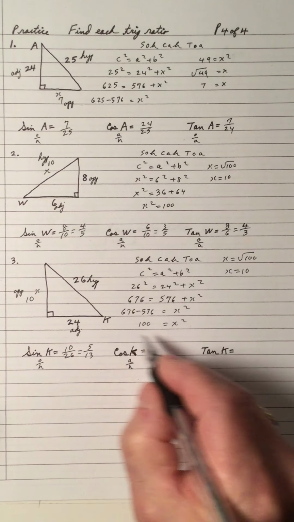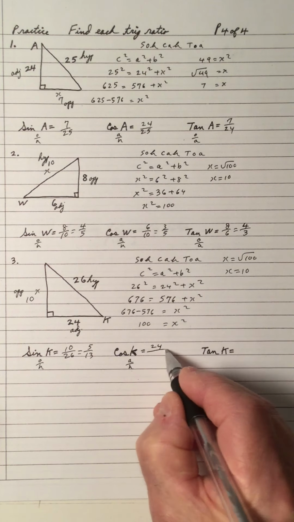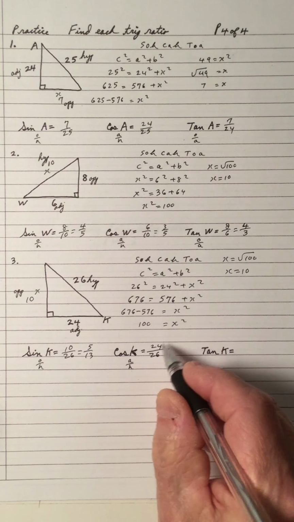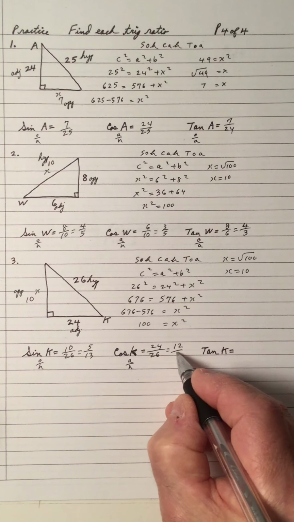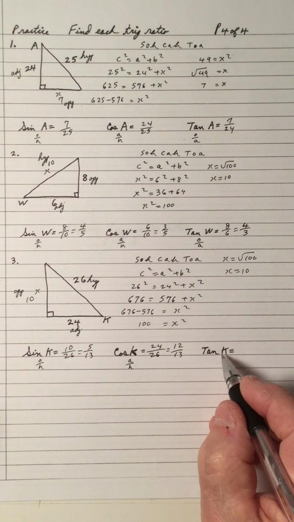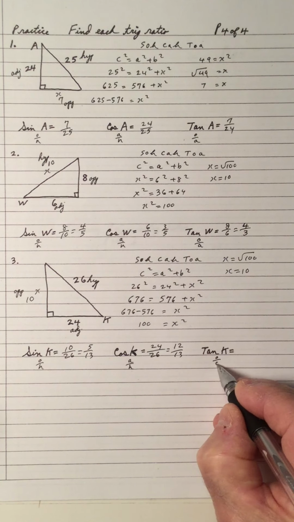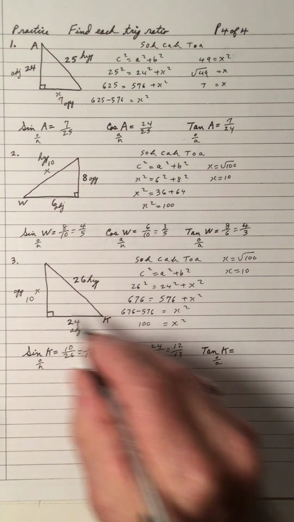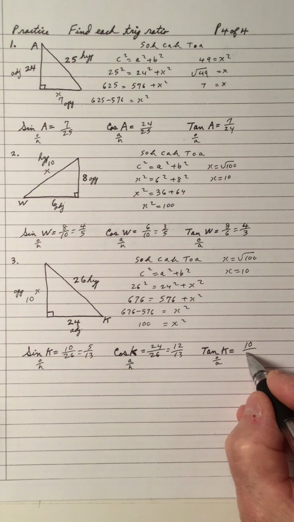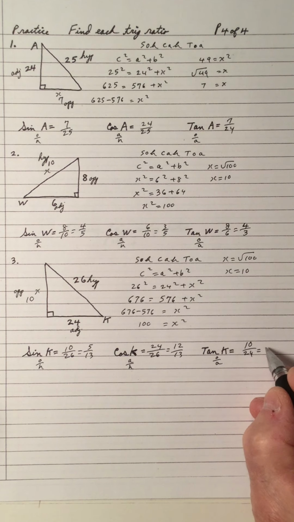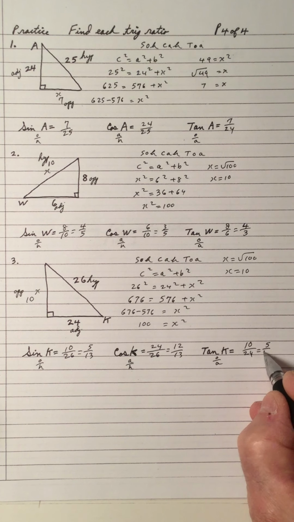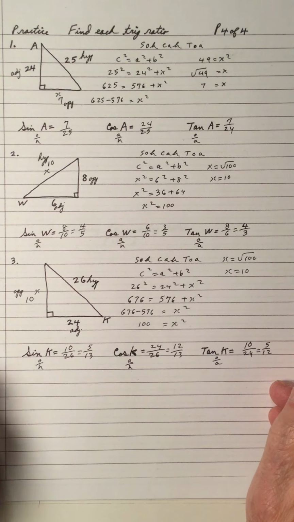And the adjacent is 24 over hypotenuse is 26. Again, divide by 2 and I get 12 over 13. And tan is opposite over adjacent. So opposite is 10 over the adjacent, which is 24. And that reduces to 5 over 12.